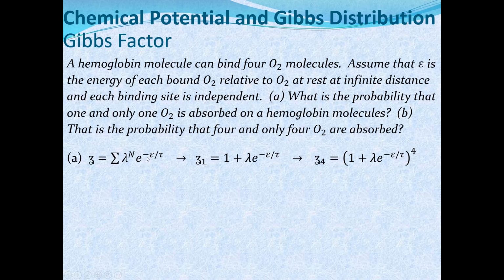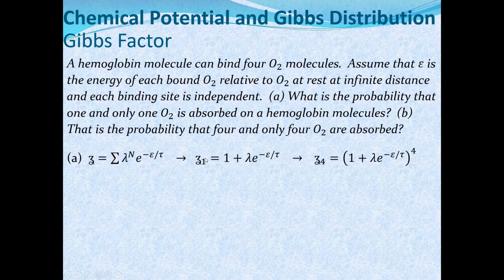So instead of having e to the n mu minus epsilon, I'm splitting that exponent up into e to the n mu times e to the negative epsilon over tau, and then I'm just replacing e to the mu with lambda. Like I said, this is something that I'll show you in a bit. But our grand partition function is going to look something like this now.